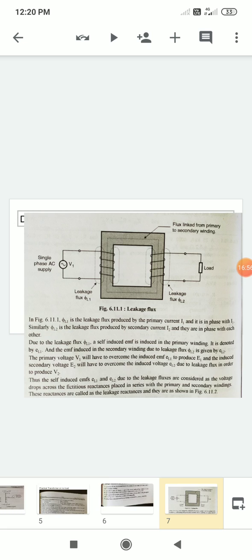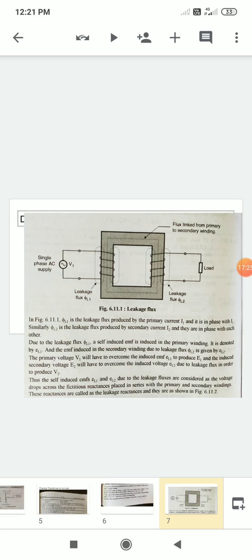Phi L1 is basically the leakage flux produced due to Faraday's law of electromagnetic induction, because some flux links with the coils also. In a similar way, there is another one on the secondary side called leakage flux phi L2. Phi L1 is the leakage flux produced by the primary current I1 and it is in phase with I1. Phi L2 is the leakage flux produced by the secondary current I2 and it is in phase with I2.